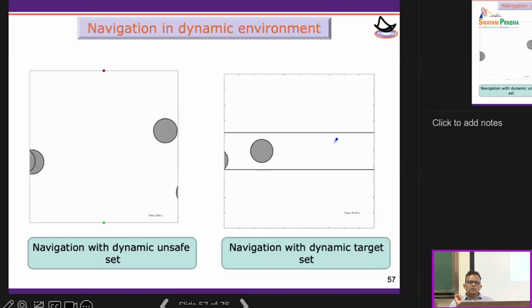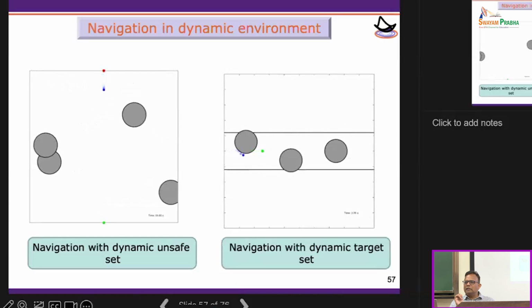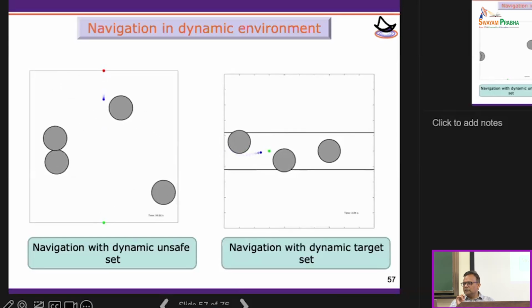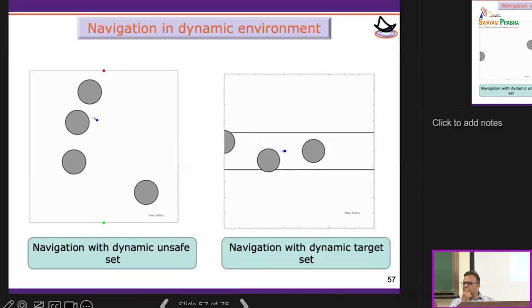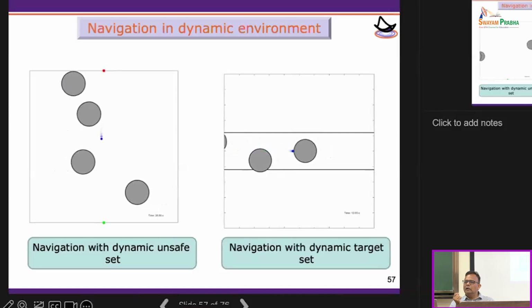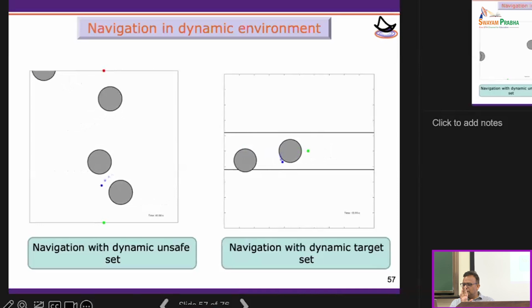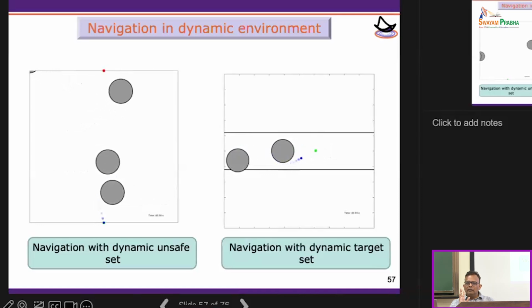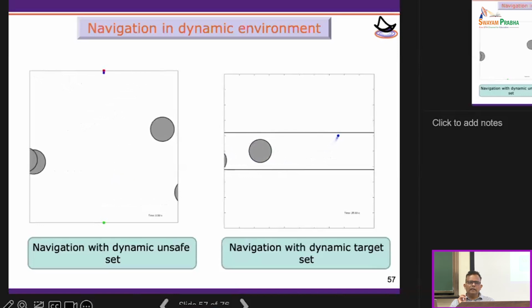It doesn't follow the target into the unsafe set because it has to stay outside it, right? So it stays close, hugs around the unsafe set, and just waits until the target exits, and then it catches it again.